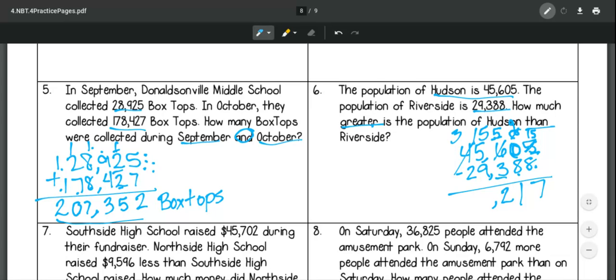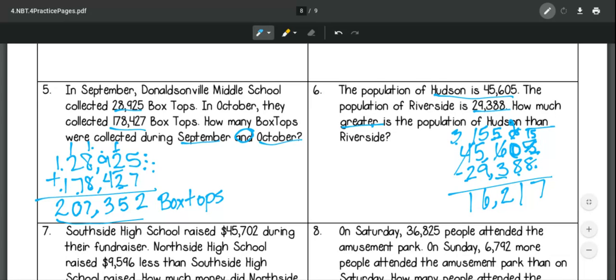So 9, 10, 11, 12, 13, 14, 15. I had to count up 6 times. Now we're going to look at our 10,000s place. In our 10,000s place, we have a 3, and we need to take 2 away from it, which we can do. 2 is smaller than 3, so 3 minus 2 is 1.